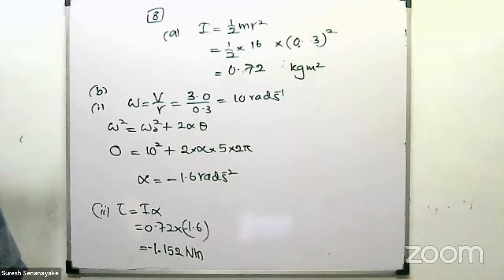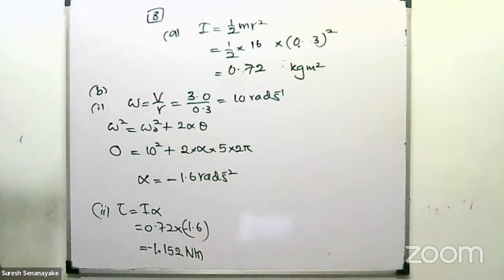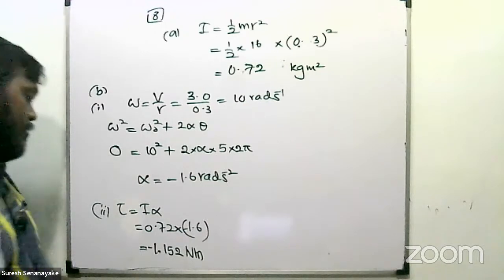Then they introduce the KERS, that means the kinetic energy recovery system, and the moment of inertia is given with an expression. You just need to substitute the values and get the value for this.